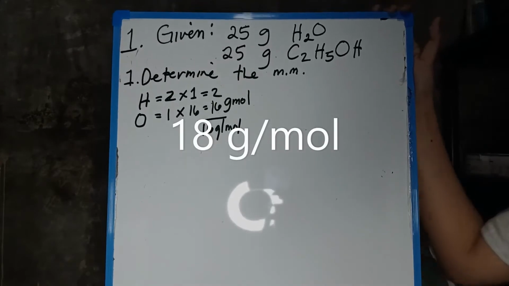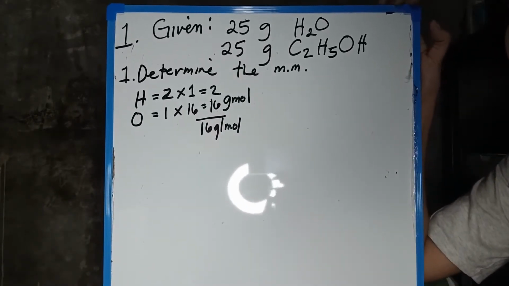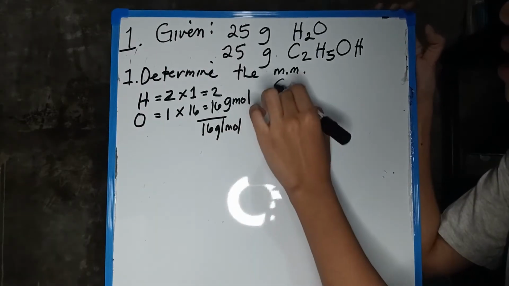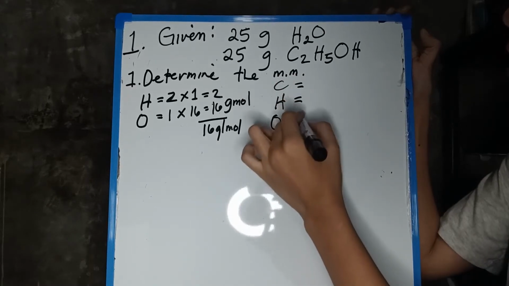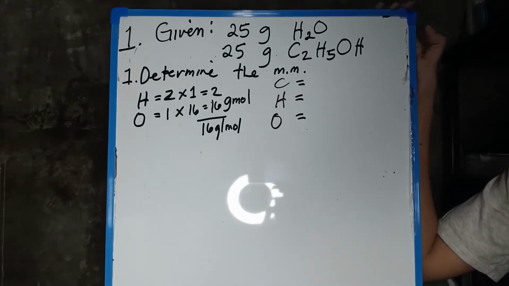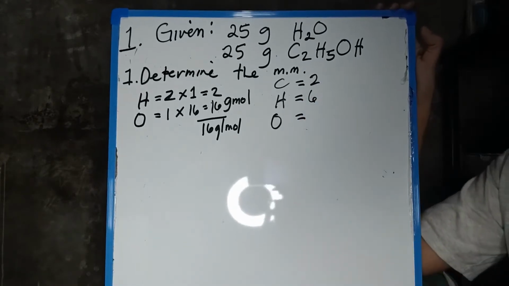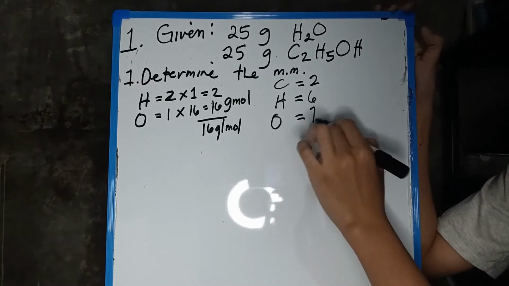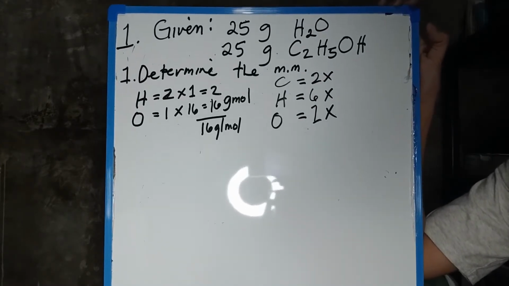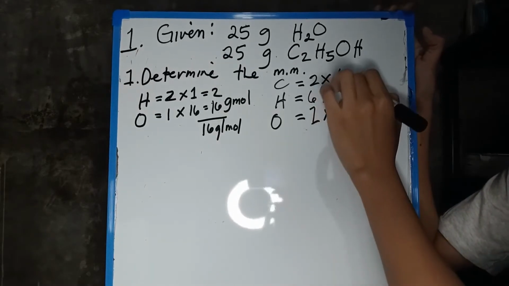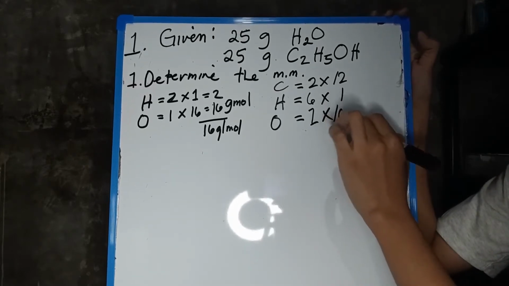Since we have the molar mass of our water, next is to get the molar mass of our ethanol. The elements present in ethanol are C, H, and O. Our carbon is 2 atoms while our hydrogen is 6 and our oxygen is 1. Multiply by their molar mass: carbon is 12, hydrogen is 1, and oxygen is 16.